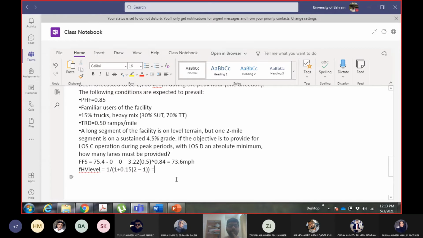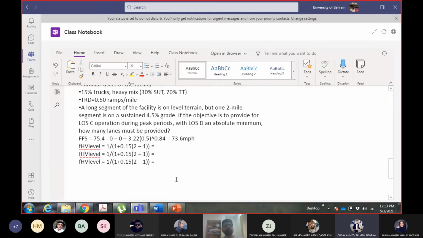Calculate this value, and I will repeat the same thing for upward and downward as well. What will change?